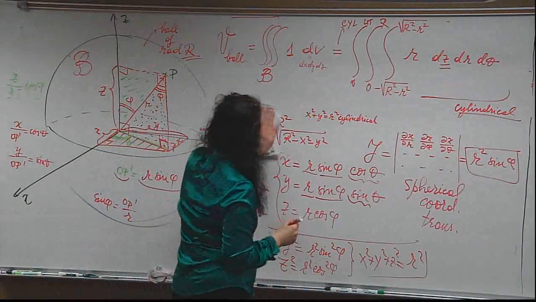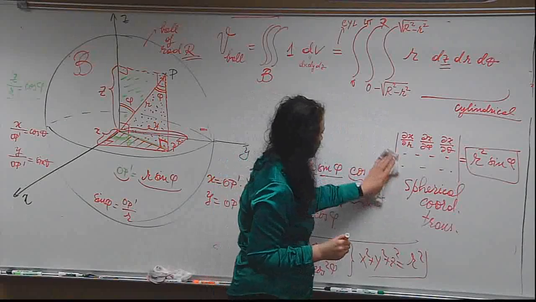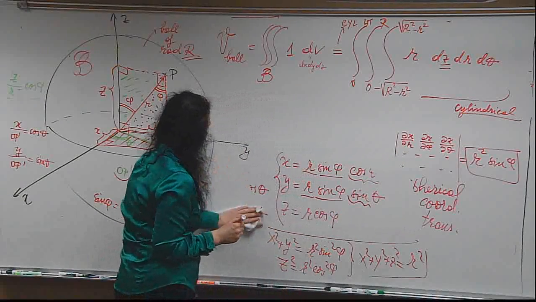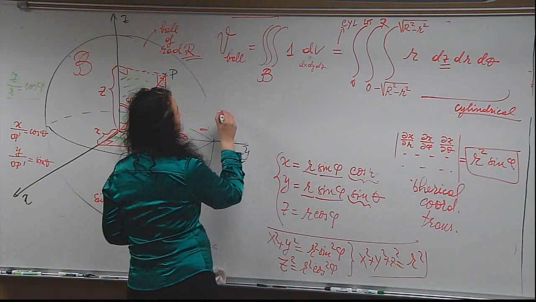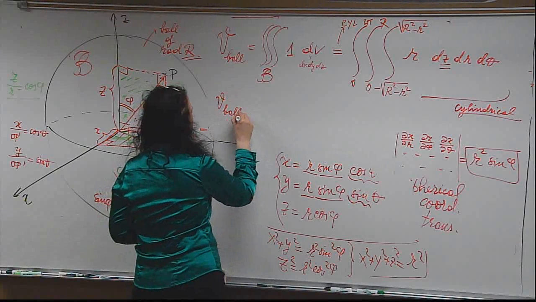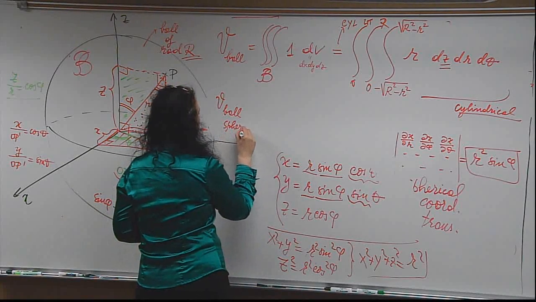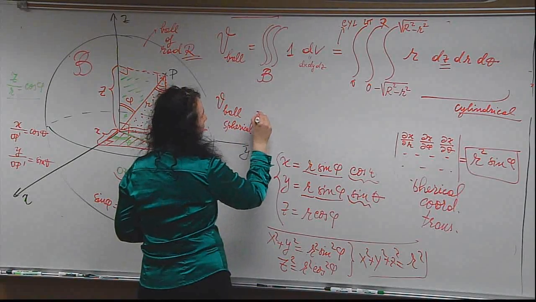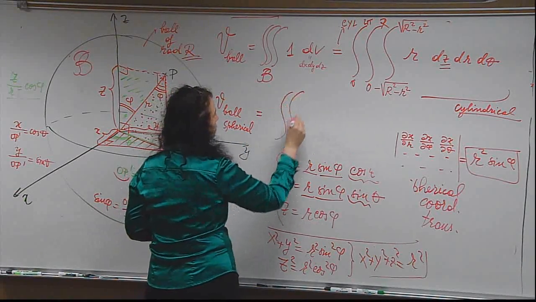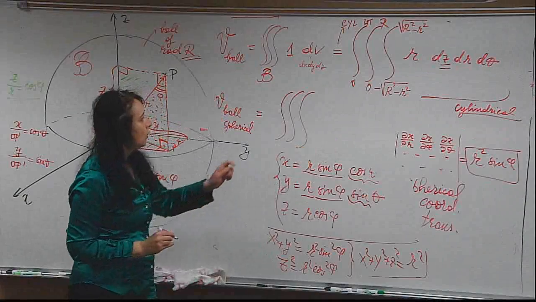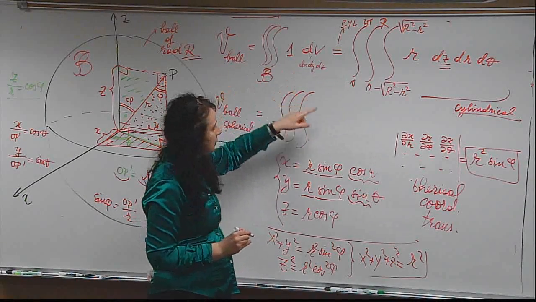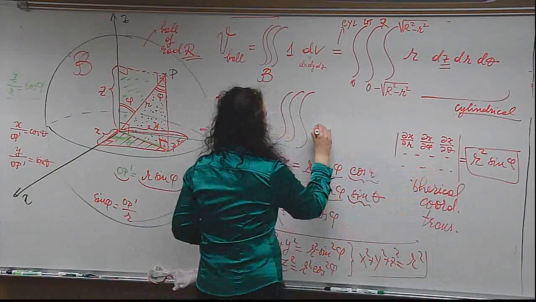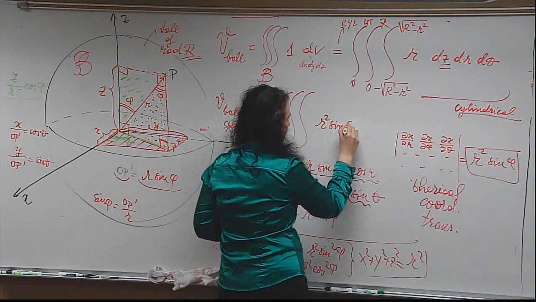In spherical, what are you going to have? You have the ball in spherical: a triple integral of 1 times the Jacobian. Who is the Jacobian? R squared sine phi. Good.